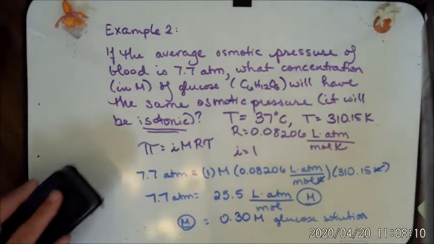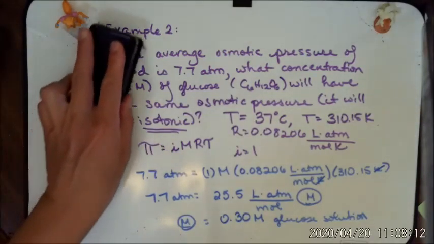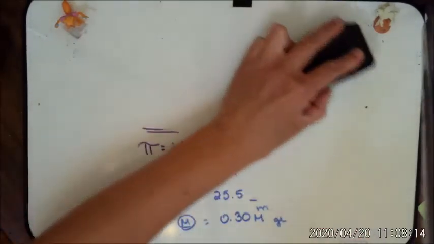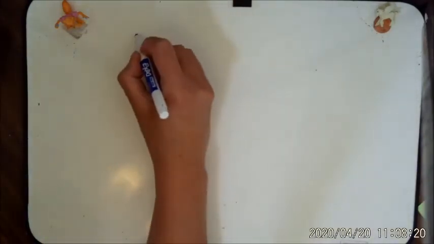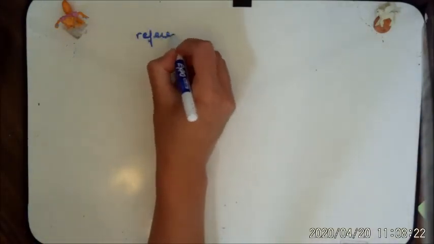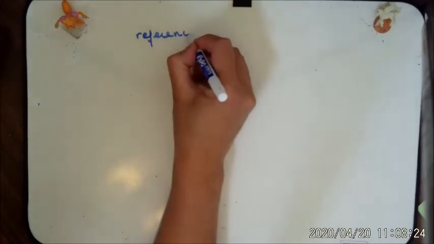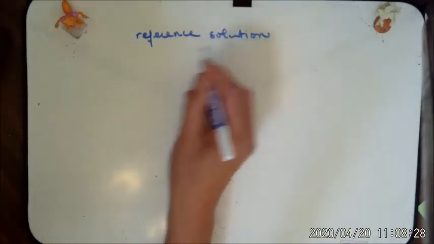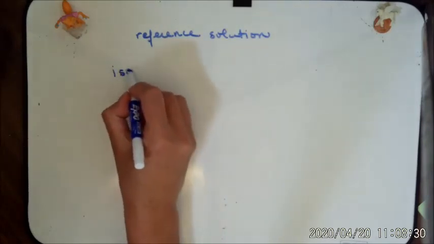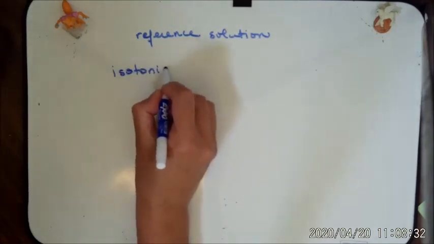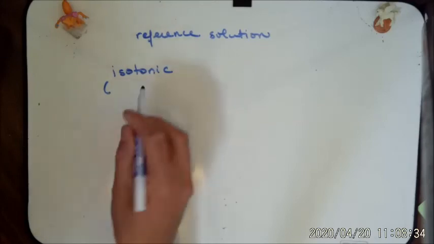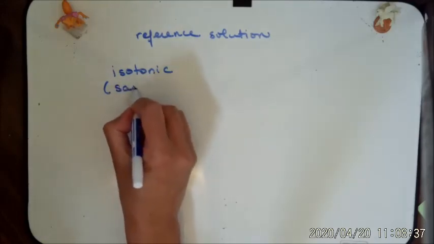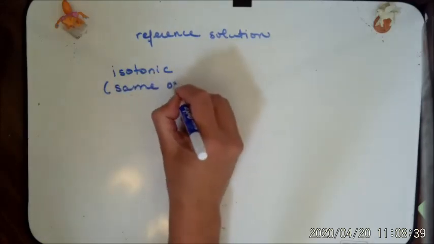Okay? So that's how we're using our osmotic pressure equation. So let's talk about these terms. If I have my reference solution, we just said isotonic means that your solution has the same osmotic pressure.